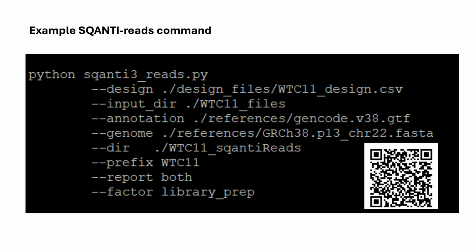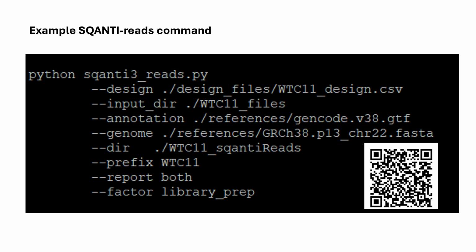Here's an example of how you'd actually run a SQANTI-reads command. We start with the script sqanti-reads.py. The design flag points to the CSV design file that we just discussed. Input dir is the folder that contains either all your SQANTI3 outputs if you're running fast mode, or your FASTQ or GTF alignment files if you're running simple mode.